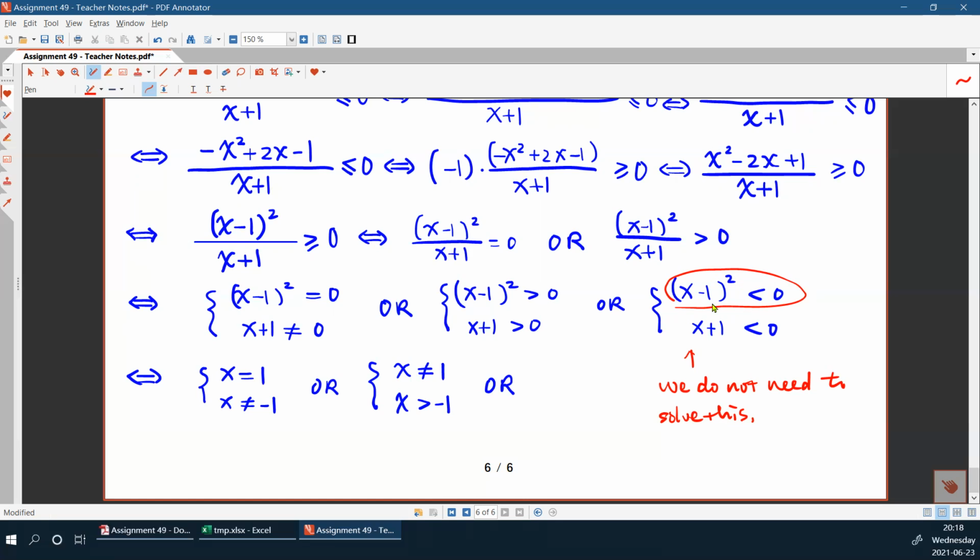This means x cannot satisfy the first inequality. That means there must be no solution for the third system, right? So we can just directly write x belongs to an empty set for the third system. This can save you a lot of time, right?